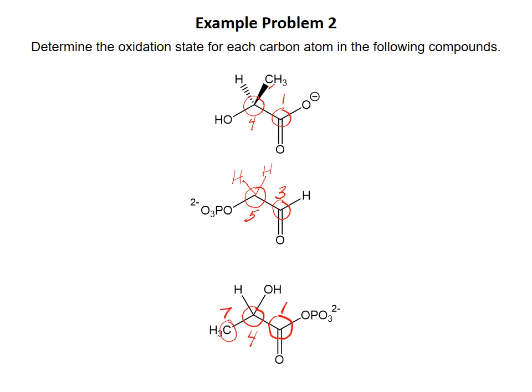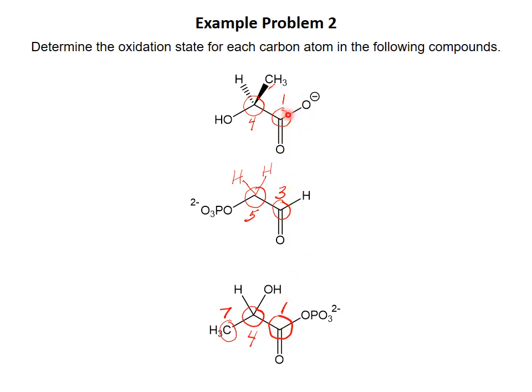So that's how you do the oxidation state determination. It isn't difficult as long as you remember the rules. However, it does provide you some insight into the molecules. So I'd like to spend a few moments talking about that. If we look at these molecules, they all have a carbonyl carbon present.